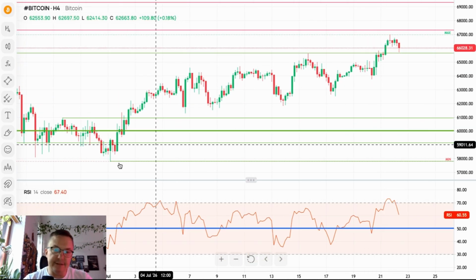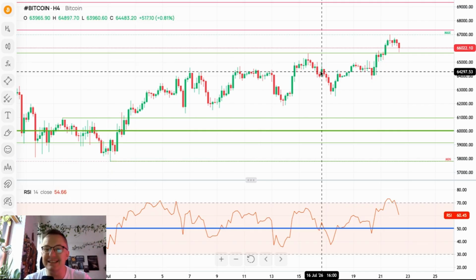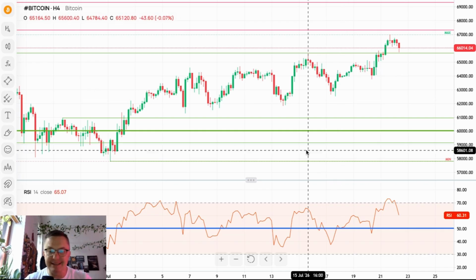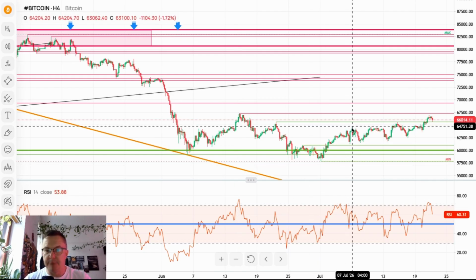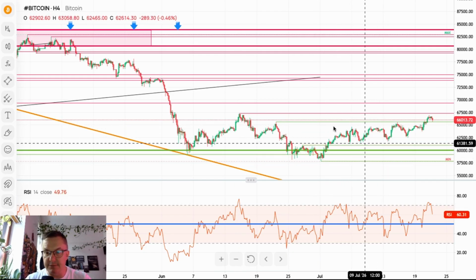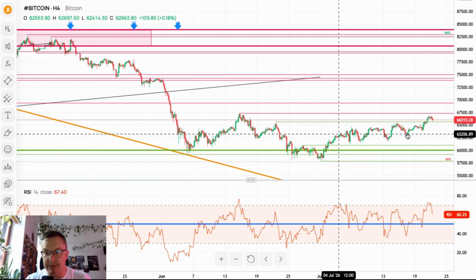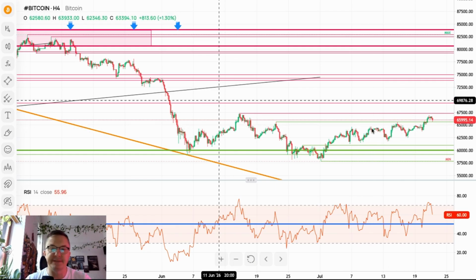But this movement from the lows of 57,000 doesn't actually look like an impulsive wave progression to the upside, okay? To be honest with you guys, it's a nice movement to the upside, nice pullback, but it doesn't mean much right now. It's too much of a sideways market, too much overlapping here. Mini cycles, lower time frame cycles are overlapping. That doesn't look impulsive.